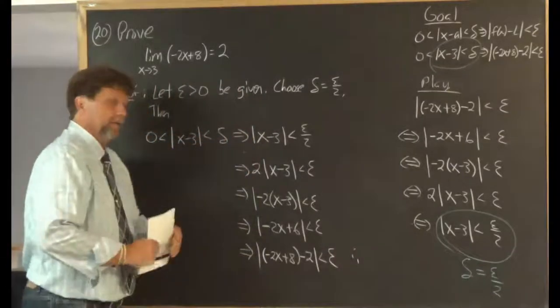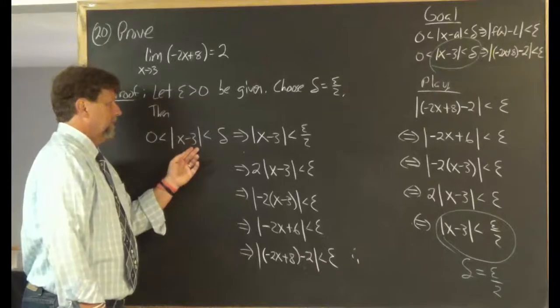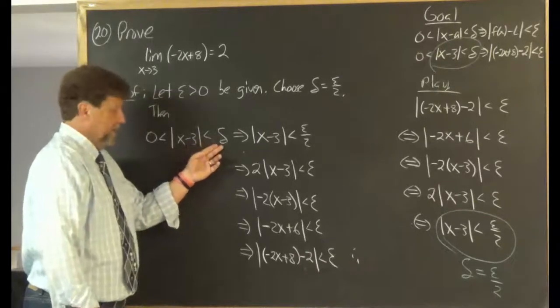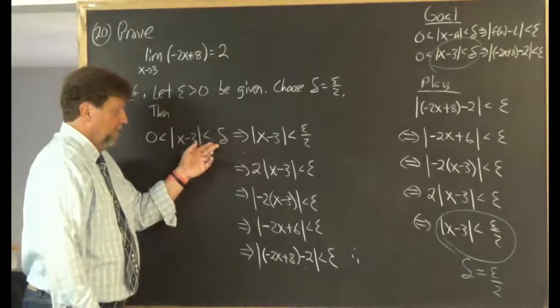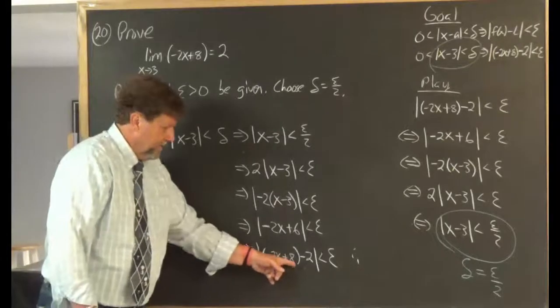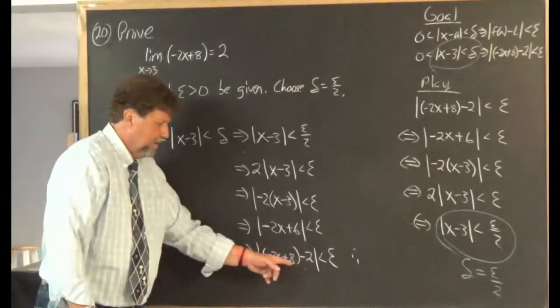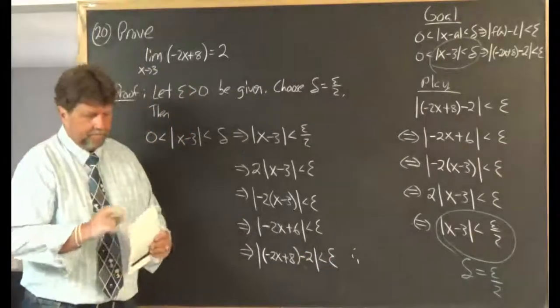And we are done. We have shown the absolute value of x minus 3 less than delta implies the absolute value of f of x minus L is less than epsilon.